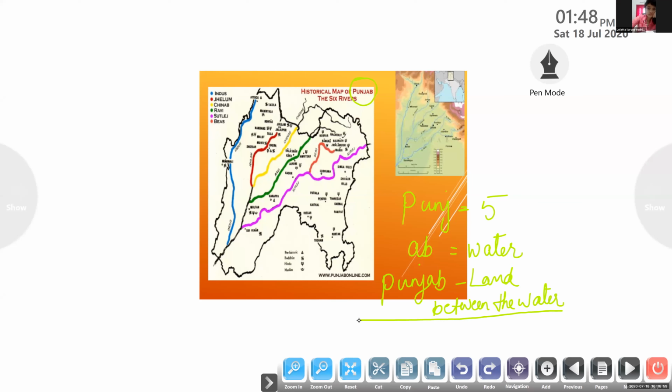Then, this Punjab is dominated by, you can see one sentence in your textbook, Punjab is dominated by Doabs. What is the meaning of this word, Doabs?